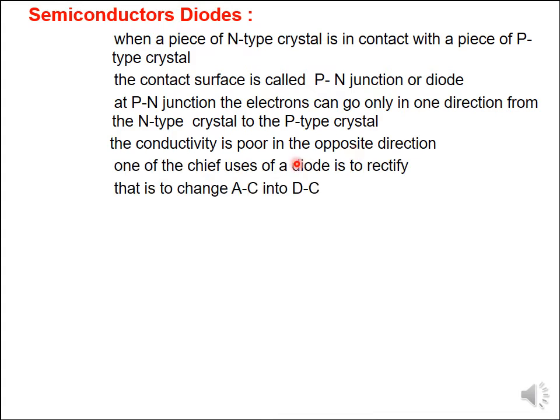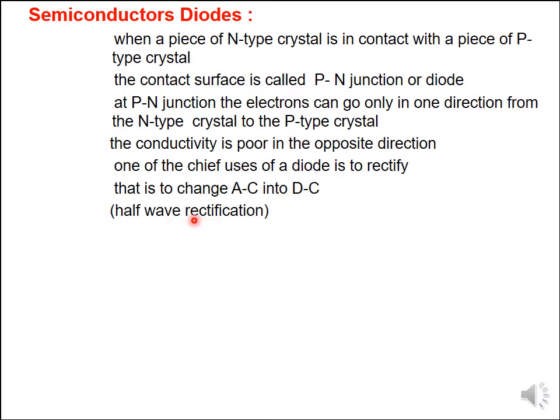One of the chief uses of a diode is to rectify, that is, to change alternating current into direct current, but the rectification here is half-wave rectification.